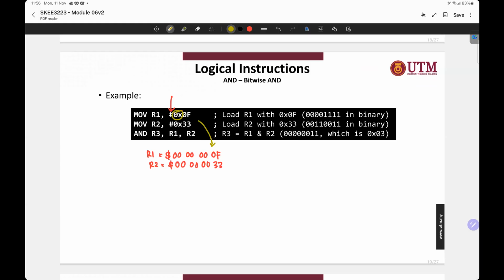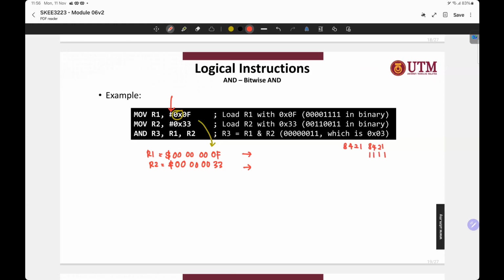Right. Since this is a logical AND, for any logical instruction, what I advise you to do here is change it from hexadecimal to the binary representation. Then after that, you do the logical operations. So 0F, what is the 0F? By using the 1, 2, 4, 8 method, F is a 15, so 1 1 1 1.